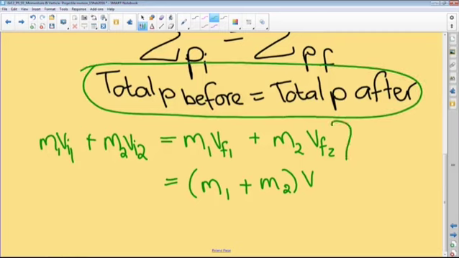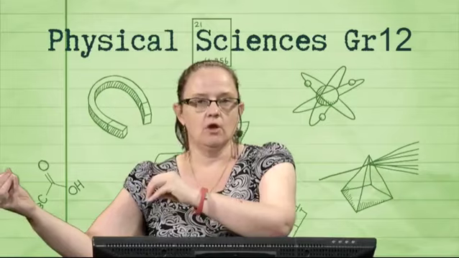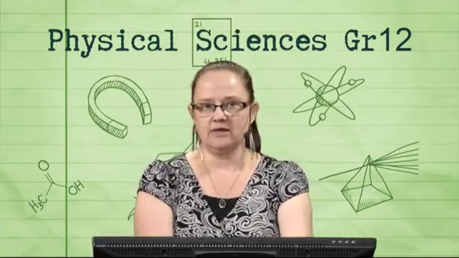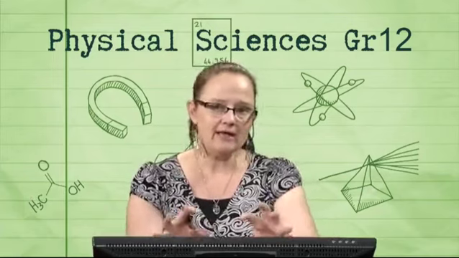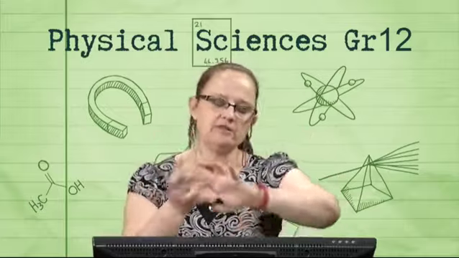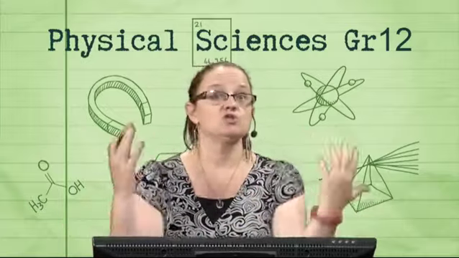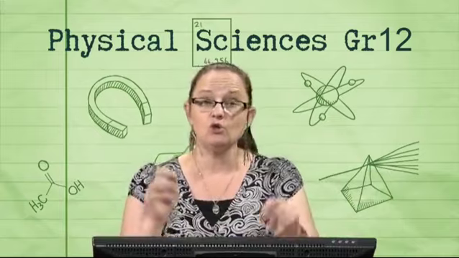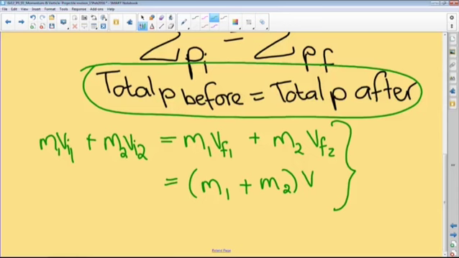How you manipulate the equation depends on the question. There are lots of ways the second part of the equation can be written, but it all depends on what's happening, whether they stick together or whether they collide. So that is question based. Don't learn the first equation I wrote in green. Don't learn that. Learn total momentum before equals total momentum after.